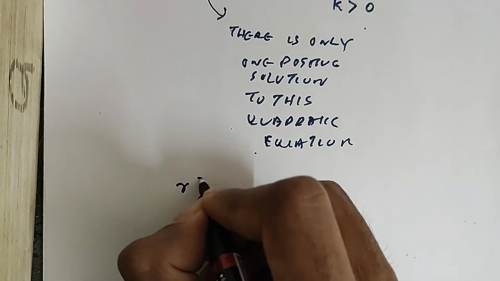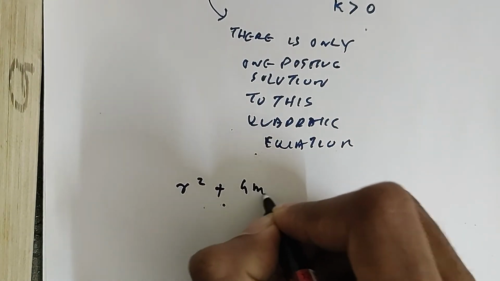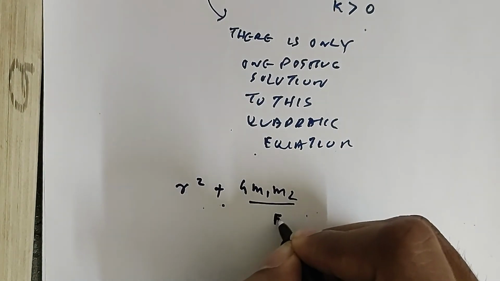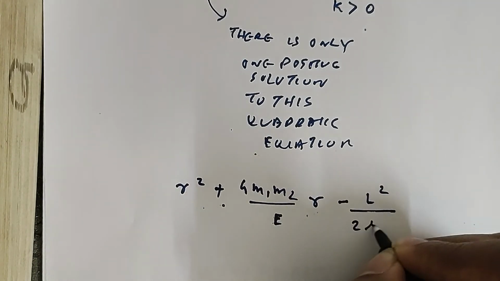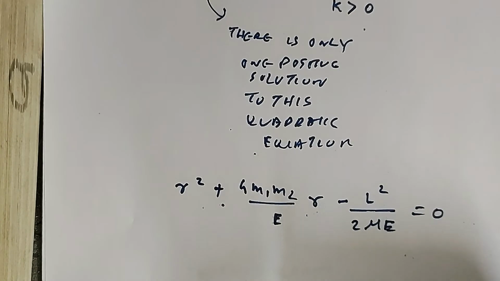So I can say that r squared plus G m1 m2 upon E times r minus L squared upon 2 mu E is equal to 0.